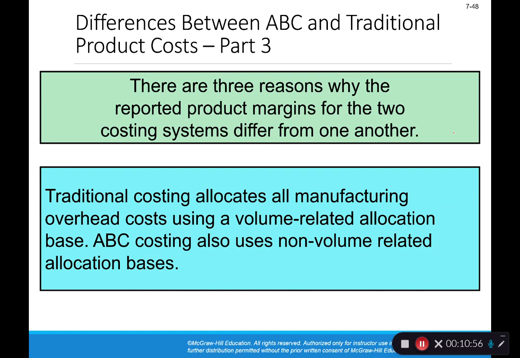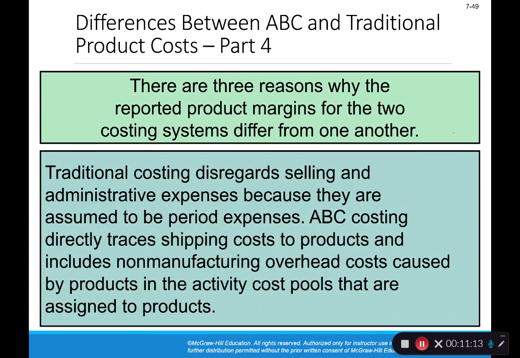ABC uses some non-volume-based allocation bases. Remember, we were using things like the number of customer orders as opposed to just using direct labor hours or machine hours. We were also using the number of design changes under ABC. Traditional costing disregards selling and admin costs, as I previously mentioned. ABC directly traces shipping costs and then allocates some of the non-manufacturing costs to various activity cost pools and then assigns them to the products.